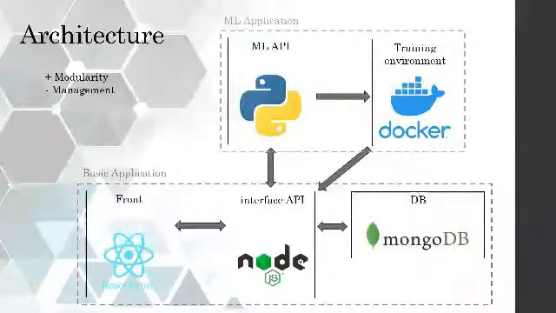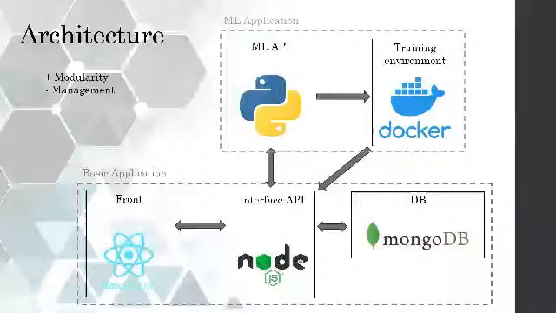So to explain more my architecture, at the bottom you will find what I call the basic application with a front end, back end, and a database. Basically, it is the standard architecture you can find in every application.